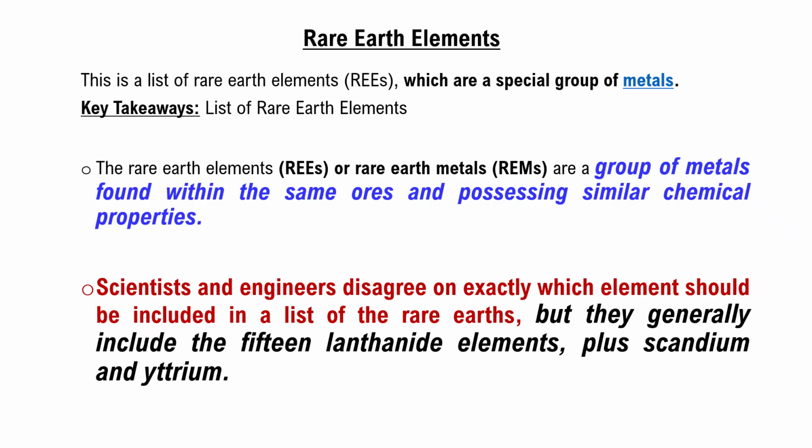These rare earth metals are a group of metals found within the same ore and possessing similar chemical characteristics. Scientists and engineers disagree on exactly which elements should be included in a list of rare earth elements, but they generally include the 15 lanthanide elements plus scandium and yttrium.